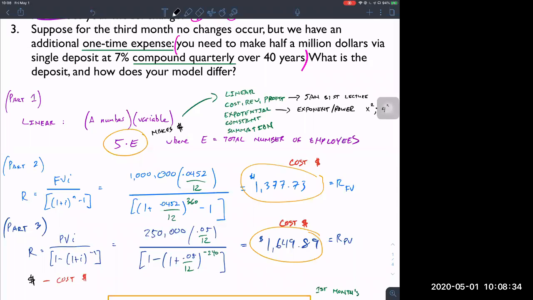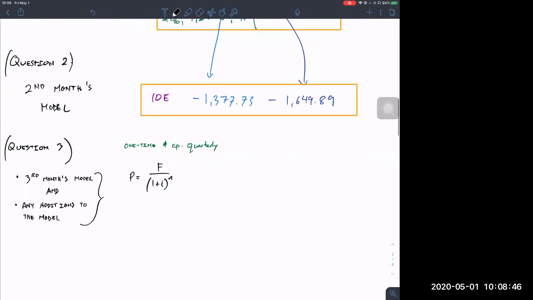Do we get what this P number is for number 3? Yeah. Okay, go ahead. 249,800.49. Let me double check that. Wait, did I write this right?